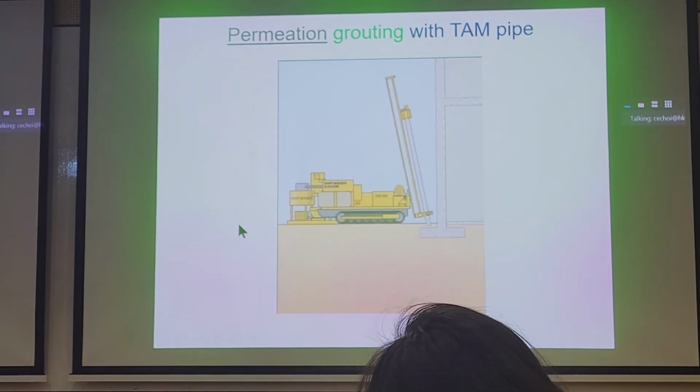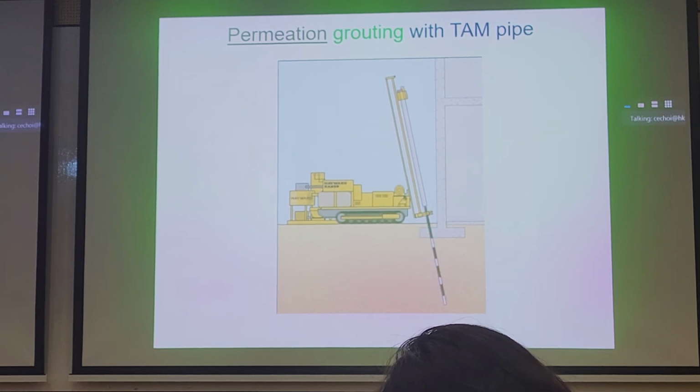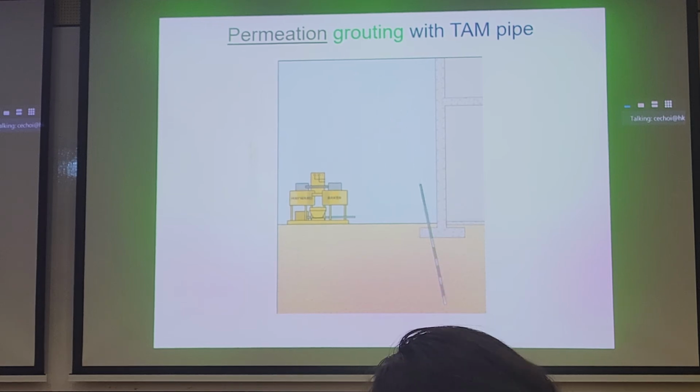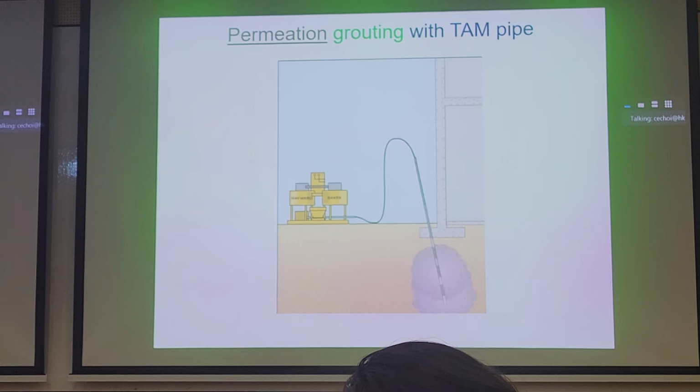So we drill our inclined drill hole just beside the shallow footing, because we know we want to excavate beside it, and we're worried about stress release and the movement of this building into the excavation. Then we inject grout using permeation grouting to slowly move through the voids of the soil, and we can use TAM grouting to have a very uniform effect at spaced depths.